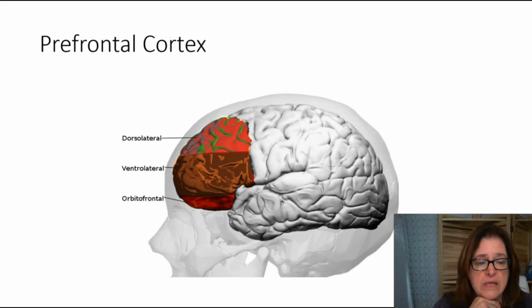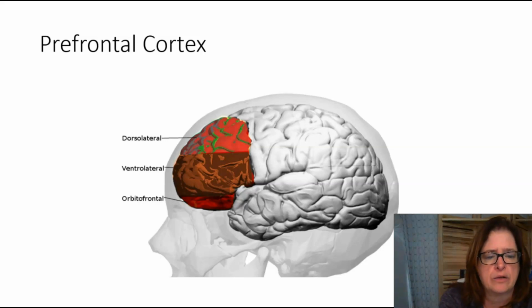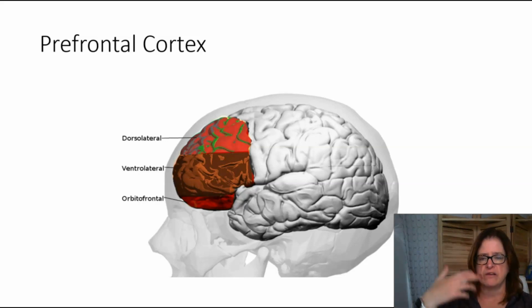Now, the ventral medial prefrontal cortex, we don't see as often described in a lot of the literature, but it does play a really important part. And it is part of the prefrontal cortex that helps us to make decisions based on big picture. So it connects with temporal lobe, amygdala, the ventral tegmental areas.